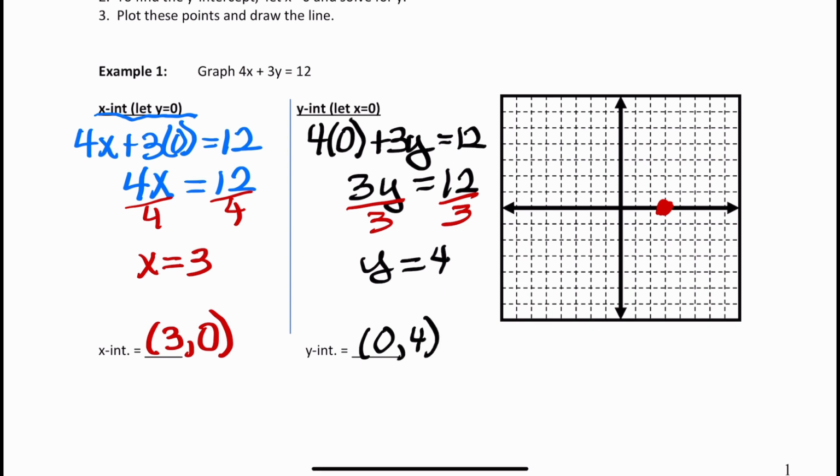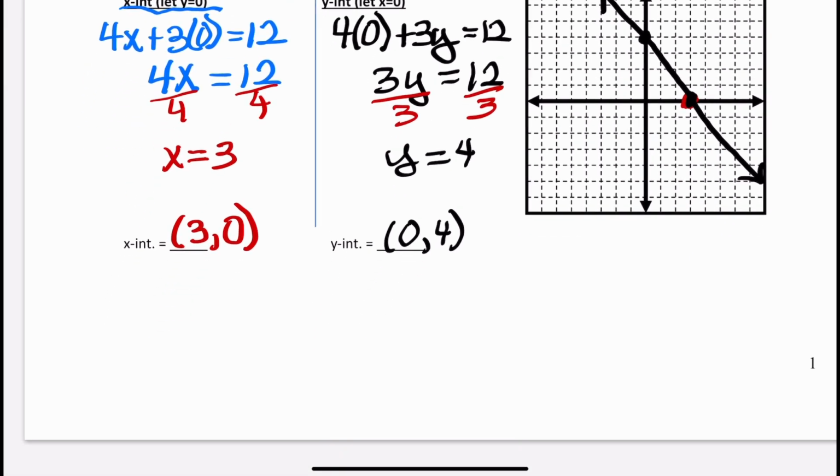Going to our graph over here, we go 1, 2, 3, 4 for y. And now these are the 2 points on our line. If we connect these 2 points, what we have just found is all the infinite solutions to our equation. If we were to pick any point on this line and plug in that x and that y, we would find the solution to this equation.